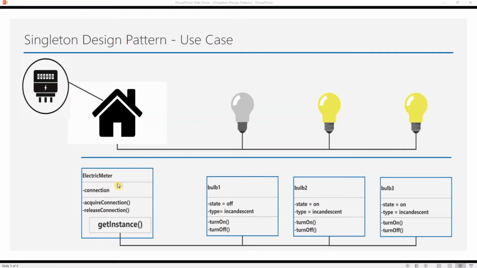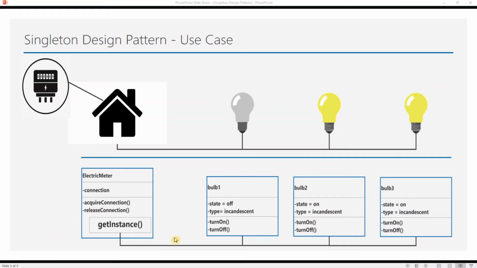From the consumer's point of view, all they have to do is make a call to the getInstance static method and they will get back the only instance of that class. We can name the method that provides us with the class instance whatever we want, but by convention it is preferable to name it getInstance.